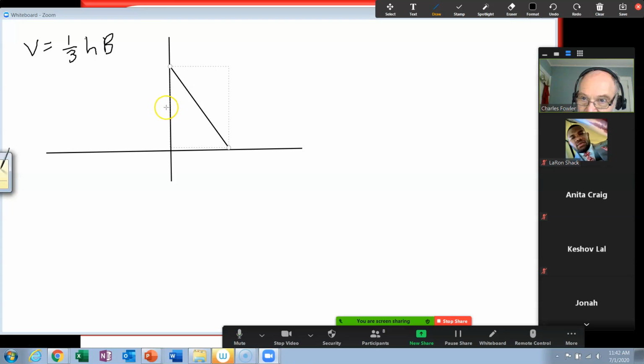Now I don't know how to keep it from wanting to move. Maybe that worked. Now I'll show that yellow portion there to there.